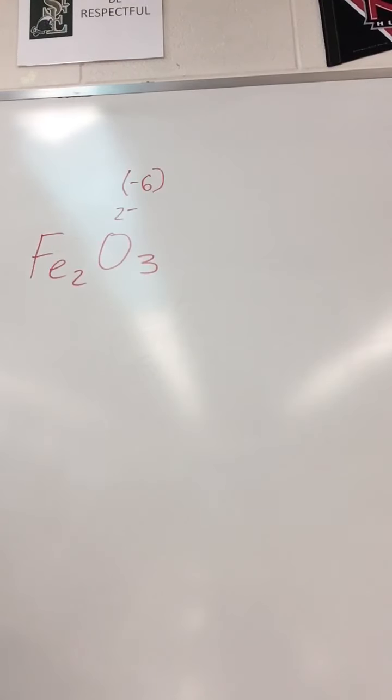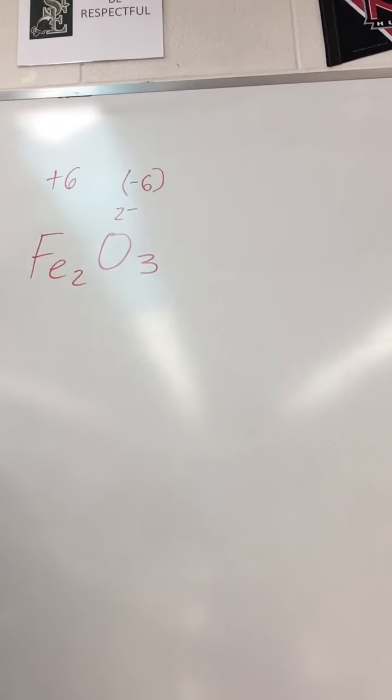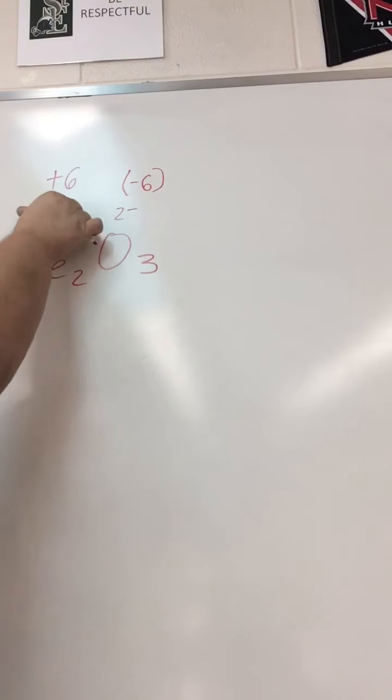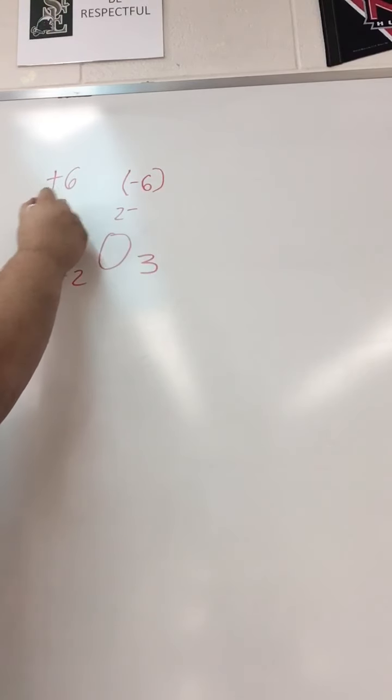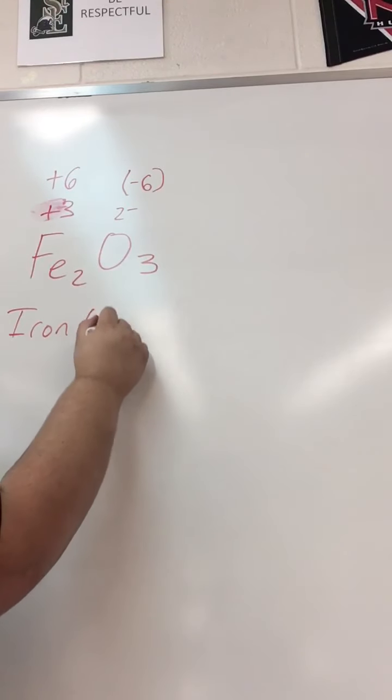If oxygen is -6, then the iron must have a +6 charge for them to be equal and opposite, because they have to be equal and opposite in order to exist. So iron is +6, and because I have 2 iron atoms, the charge must be equally distributed among both iron atoms. So that's going to make this a +3. So my chemical name would be iron 3 oxide.